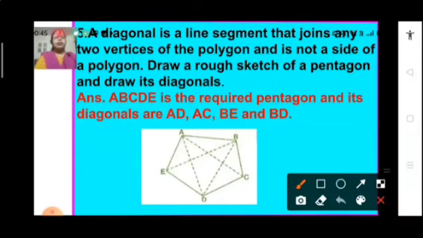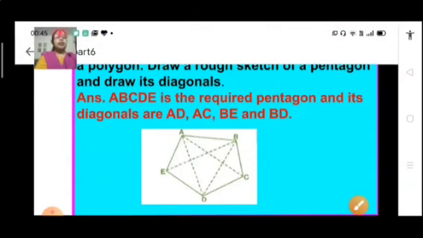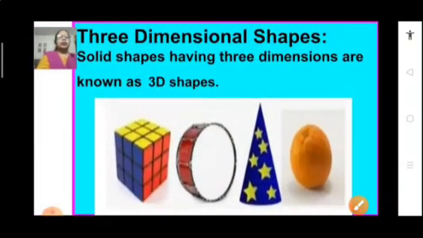So we can have this pentagon ABCDE, and the diagonals can be AD. We can join AD and form a diagonal. Similarly, AC can also be another diagonal, and we can have BE and BD also as diagonals. So these are the different diagonals of this pentagon.